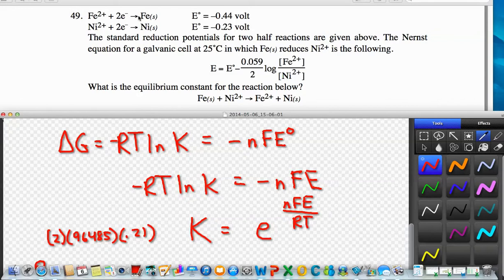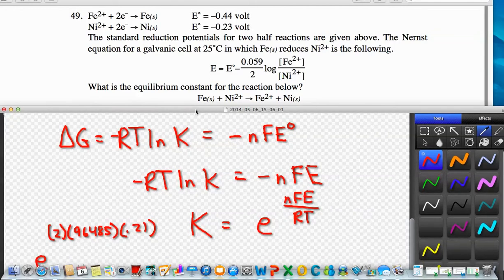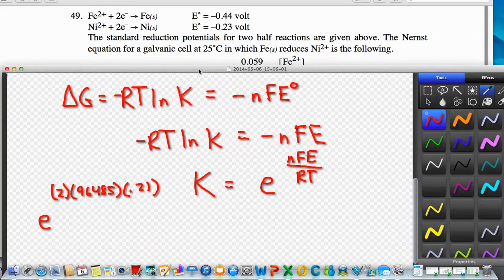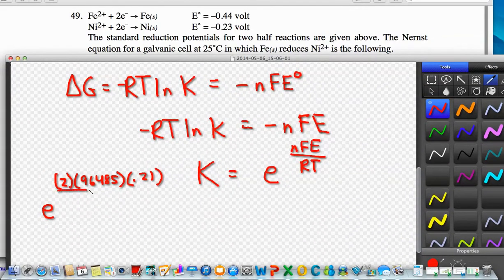This shows the reduction of iron 2+, so we need to flip this around and add them together. So plus 0.44 plus minus 0.23 is plus 0.21. R, of course, is going to be 8.3145, and our temperature will be 298 Kelvin.